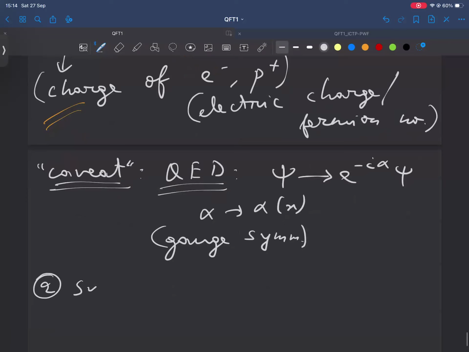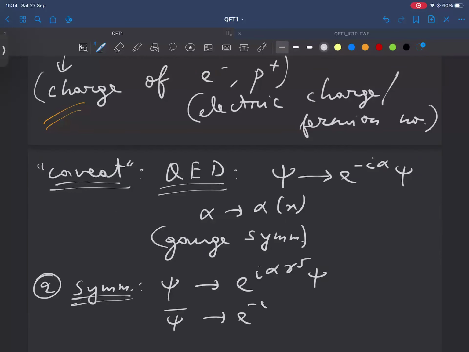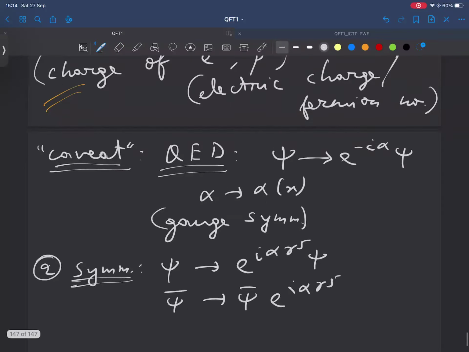Now there is another symmetry, which is again a global symmetry, which is this guy. Okay, psi going to e to the power I alpha gamma 5 psi, and psi bar going to psi bar e to the power I alpha gamma 5.